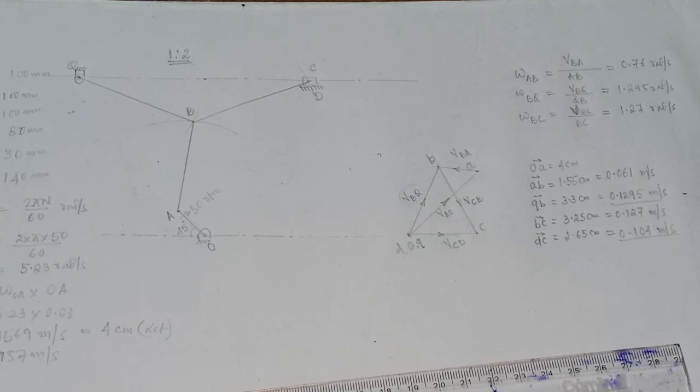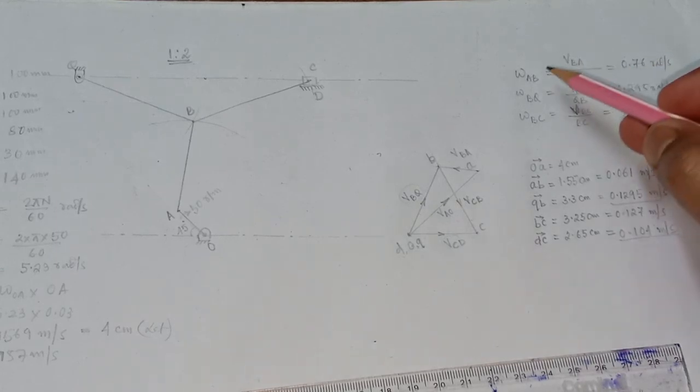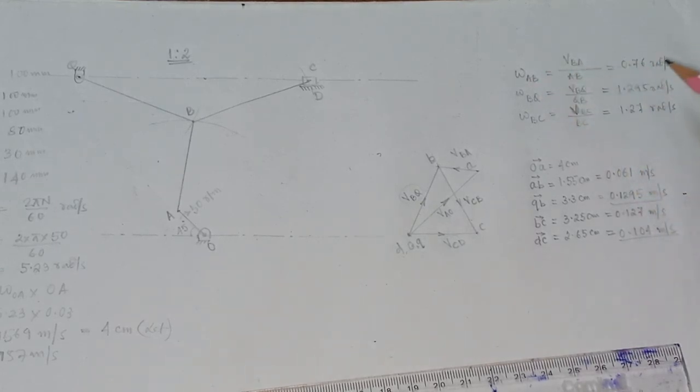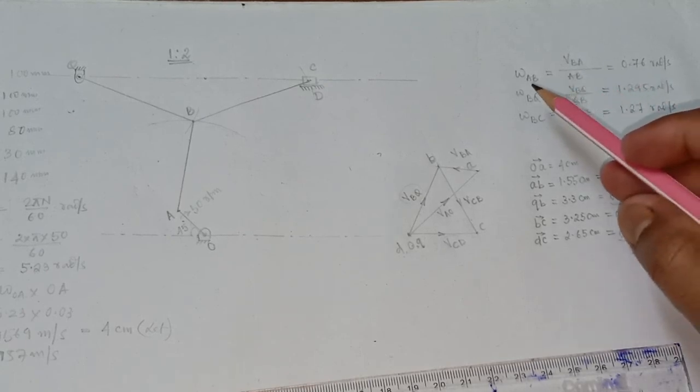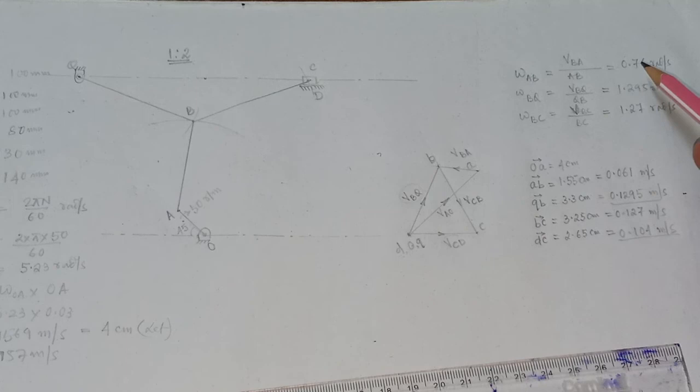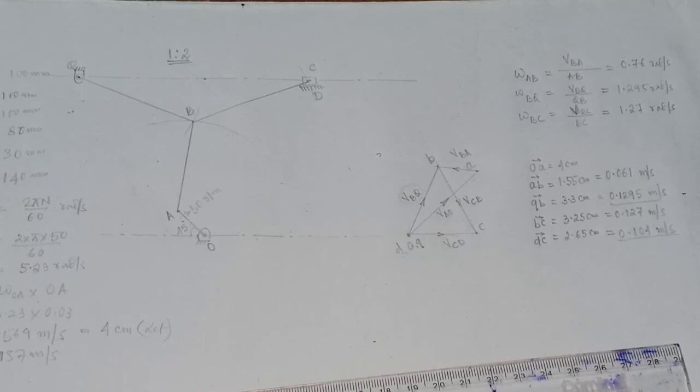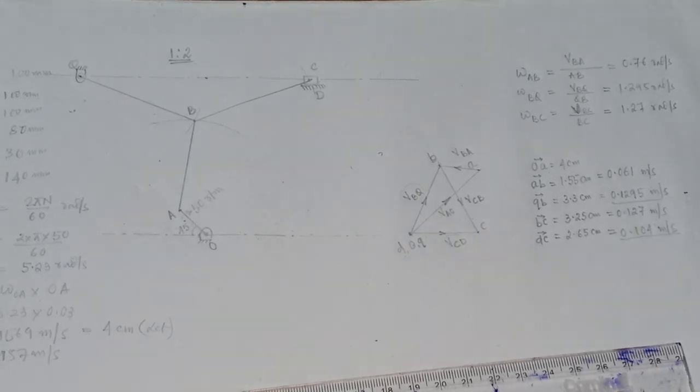One more thing: the direction of the angular velocity needs to be shown. The value has already been calculated, but how do we allocate the direction, in which direction link AB, link BC, and link QB are revolving?